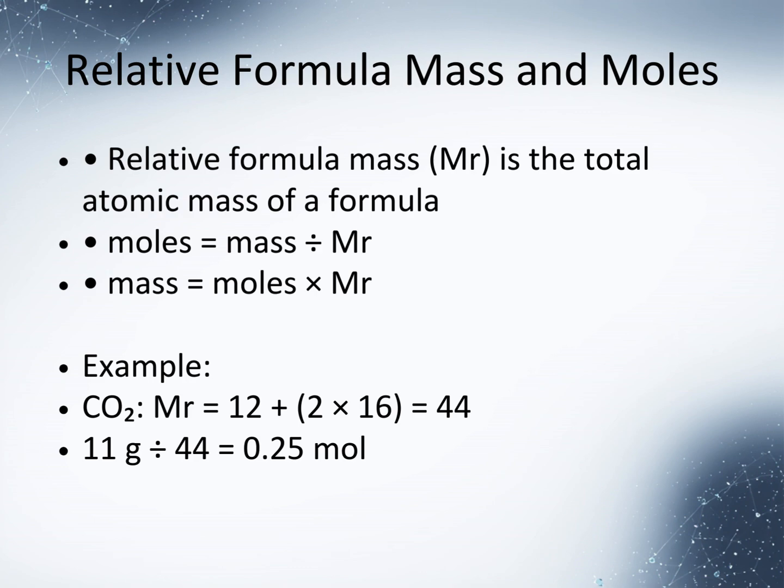We use our periodic table here, and carbon's Ar is 12, oxygen's Ar is 16, but remember we've got 2 of them. So the Mr is 1 of carbon, which is 12, plus 2 of oxygen, which is 16 times 2, and that would give us 44.